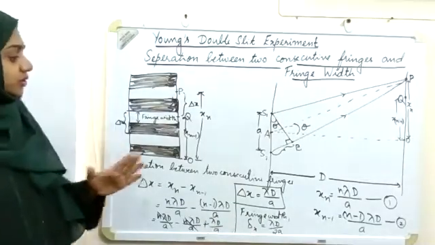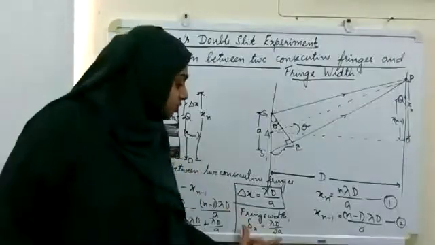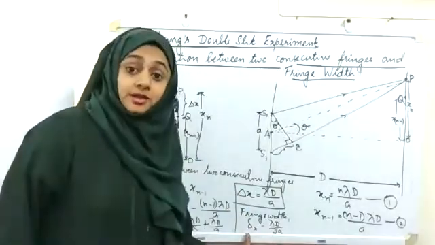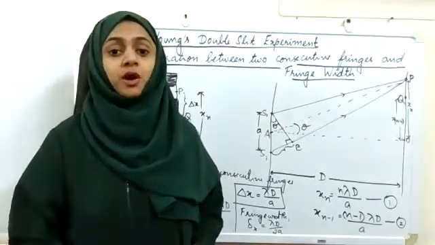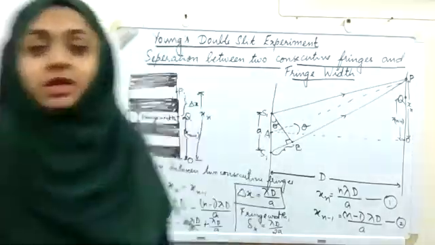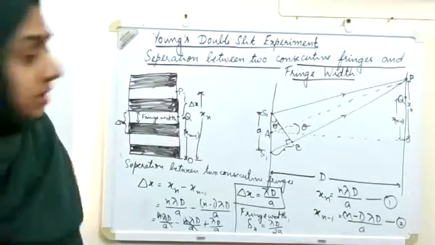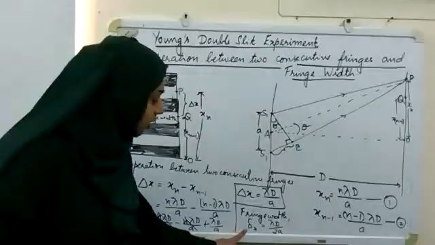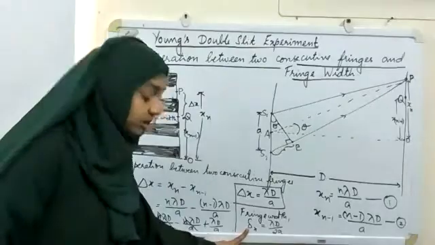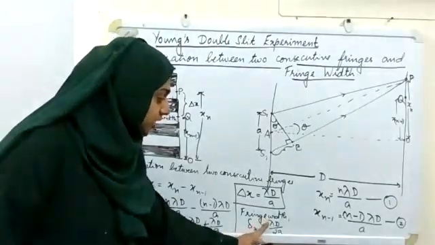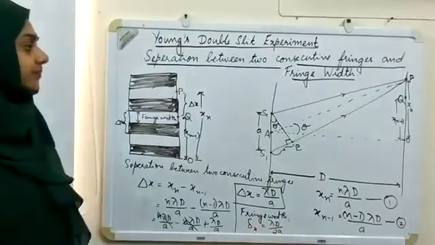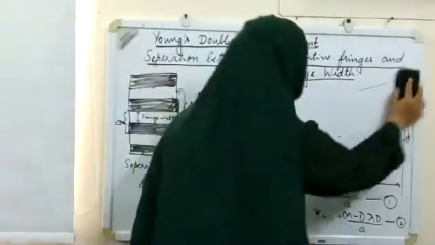Now, what I'm going to do is, we will analyze this equation and try to learn more about the fringes. So let me rub all this derivation and focus on this equation alone, the equation for fringe width, which is equal to lambda D by 2a.